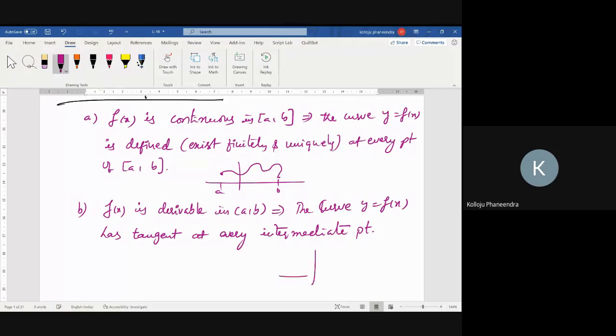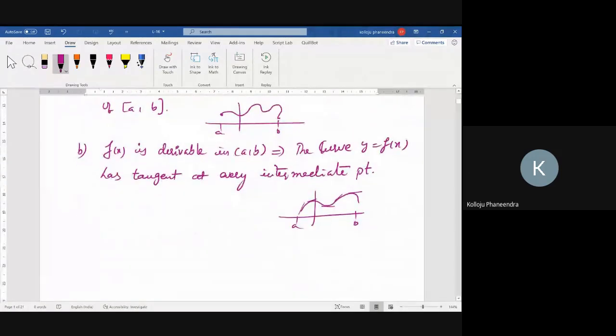Means what? a, b is there. This is some curve. At every point there must be a tangent, like this. Derivability means the curve possesses a tangent at a particular point. And what is the derivative condition? You know, left derivative and right derivative are both equal.